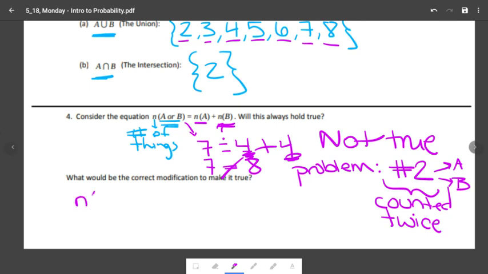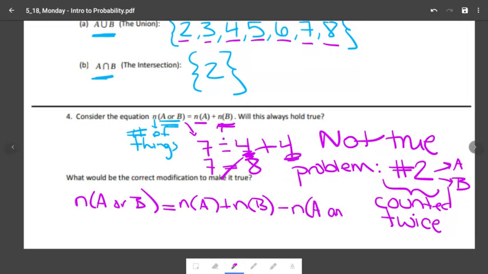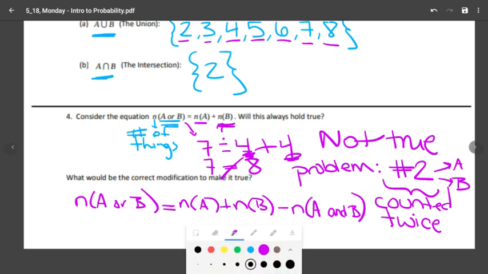So in order to make this true, in order to figure out the number of things in the union of two sets, you want to take the number of things in each one separately, add them together, but then subtract the number of things in their intersection.